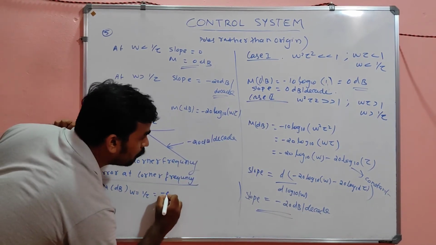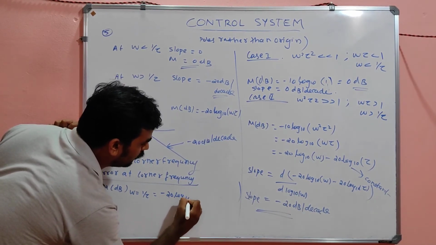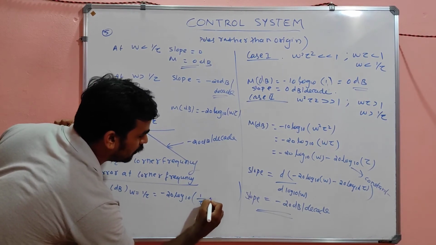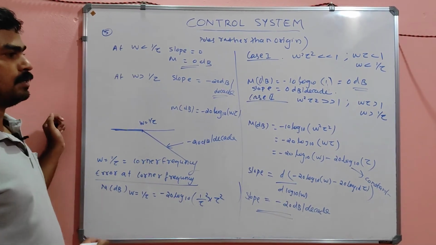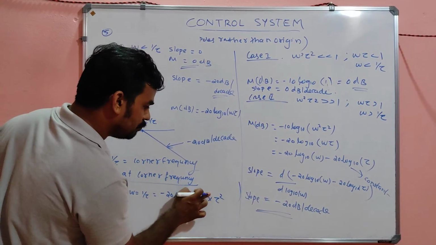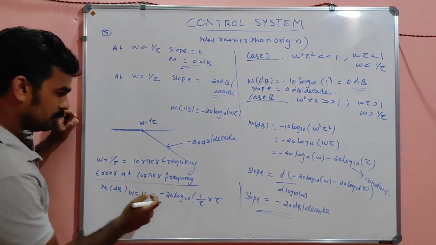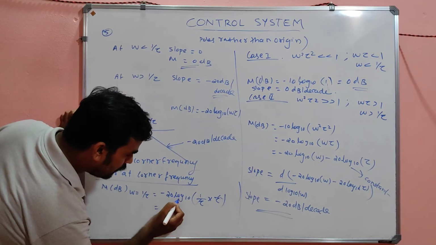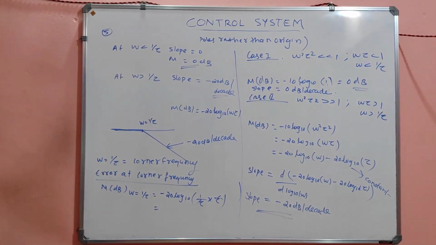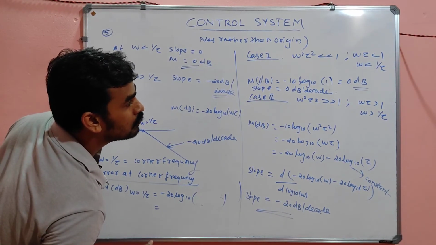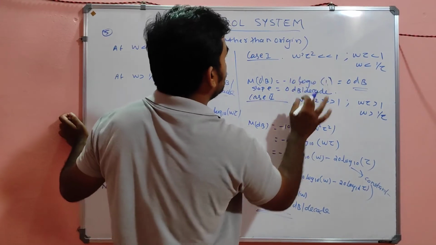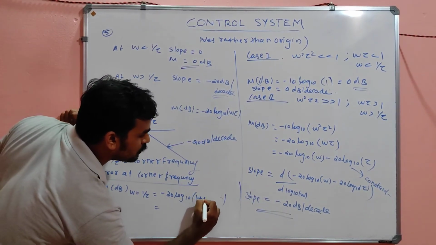The general equation is actually 1 plus omega square tau square.